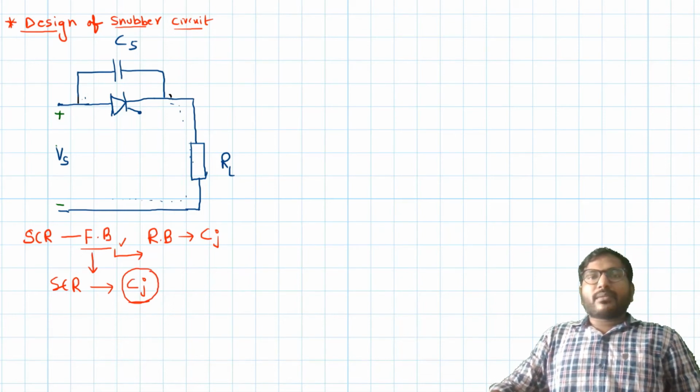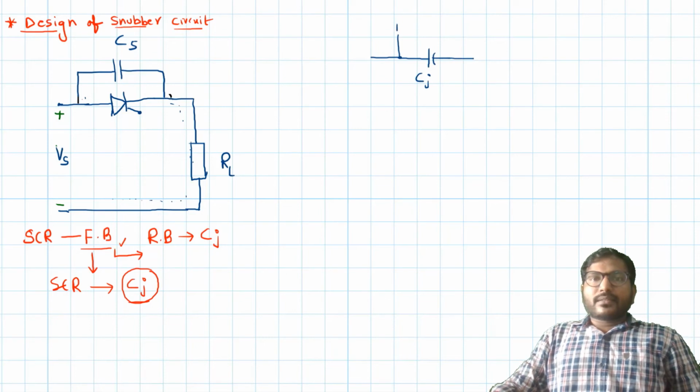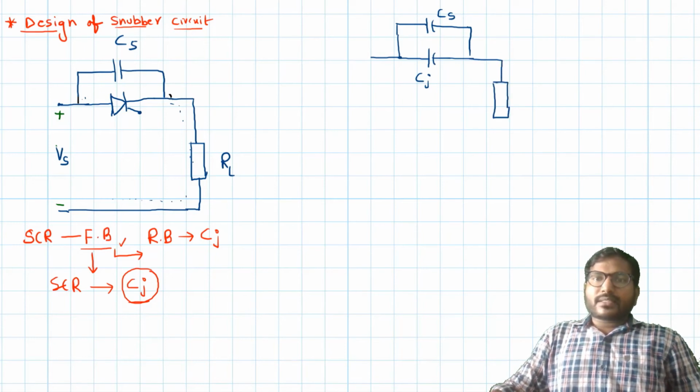Coming to the circuit diagram, the SCR is now replaced with a junction capacitance Cj, and the snubber protecting capacitor CS is connected to the load having resistance RL, the load resistance.